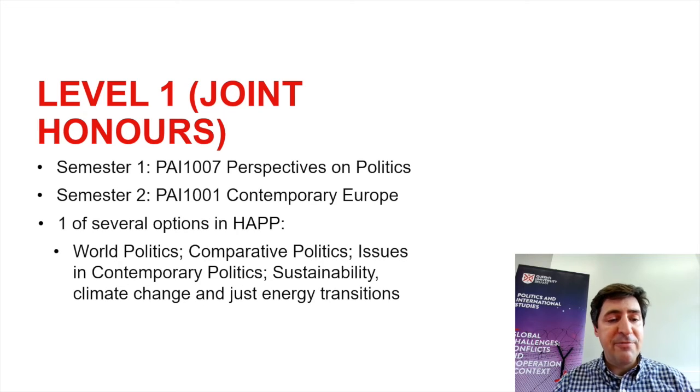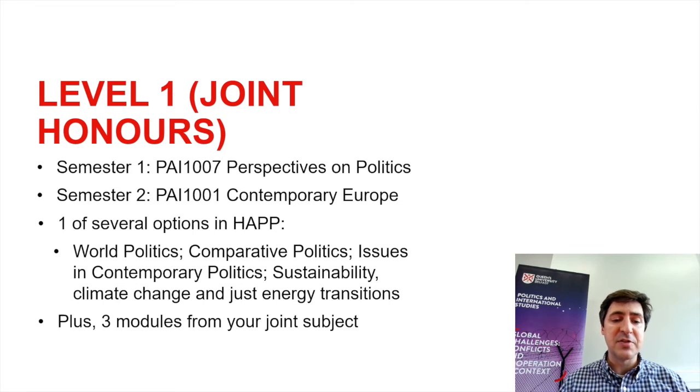For your third module in politics, you can take any of the modules that we talked about: World Politics, Comparative Politics, Issues in Contemporary Politics, or Sustainability, Climate Change, and Just Energy Transitions. In addition to those, you'll take the 3 modules, required and optional, in your joint subject, whatever the requirements are for that joint subject.